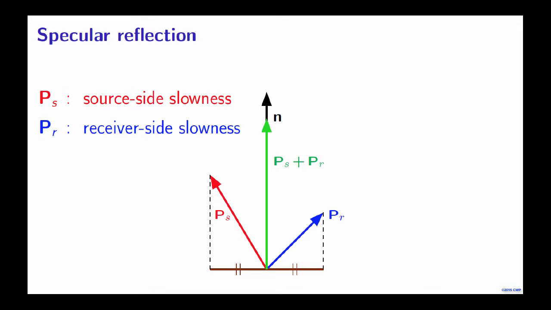In an anisotropic media, if we decompose these slowness vectors as the component along the normal and as the component onto the reflector interface, then for a specular reflection, the component on the reflector interface are equal according to Snell's law. And for this given arrangement, if we take the sum of these slowness vectors, the sum will align with the normal for a specular reflection.